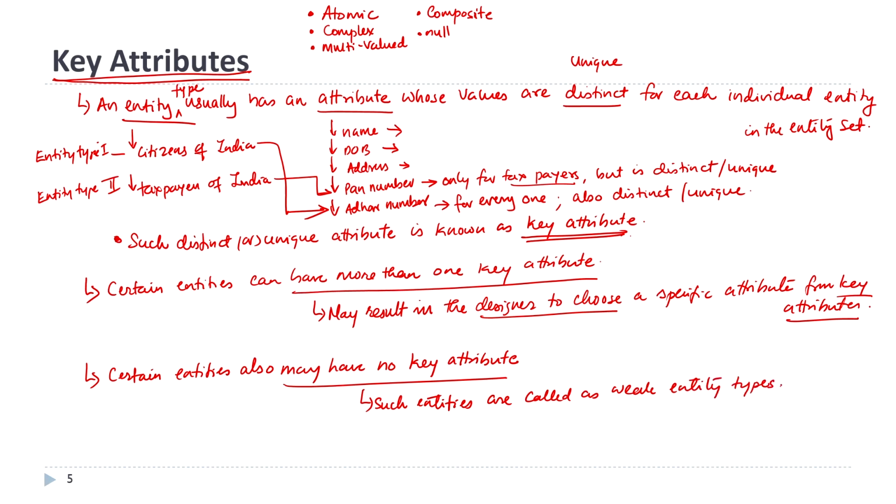Like, we take the citizens of India, and we define the people of India as people who are living within the boundary of the country, and we collect everybody's name. Then we find one person who has come from Pakistan to India without any Aadhaar card or anything of the sort. That person would not have the key attribute, Aadhaar card, which we have designed, because the value for that is null.